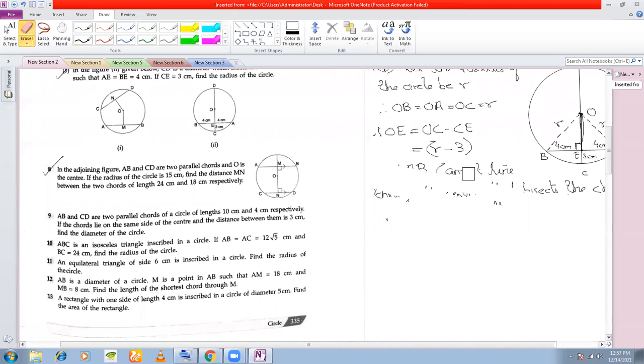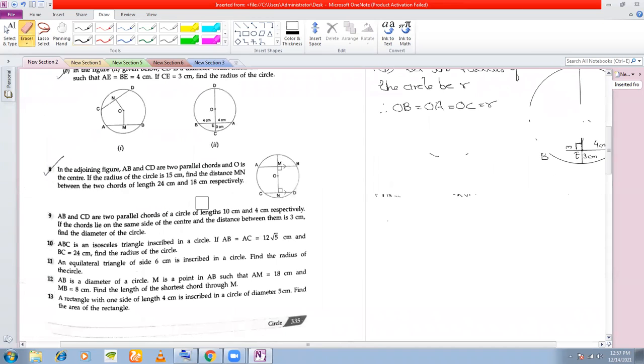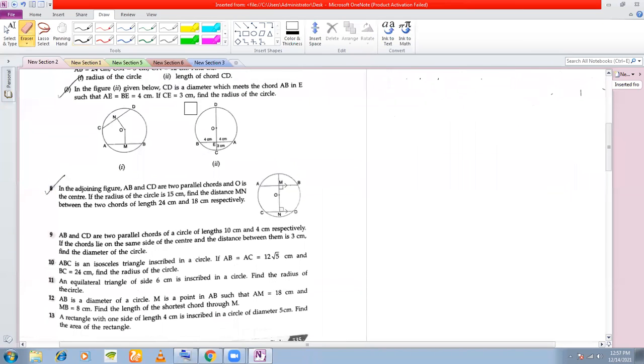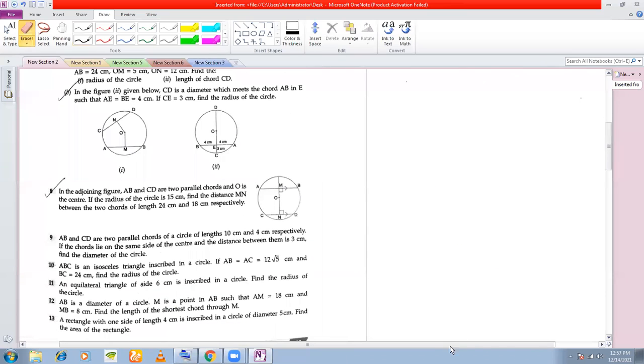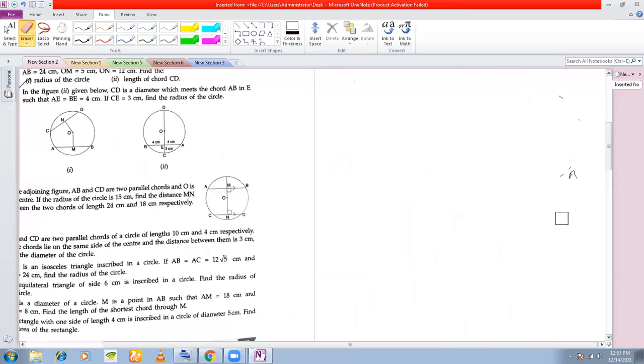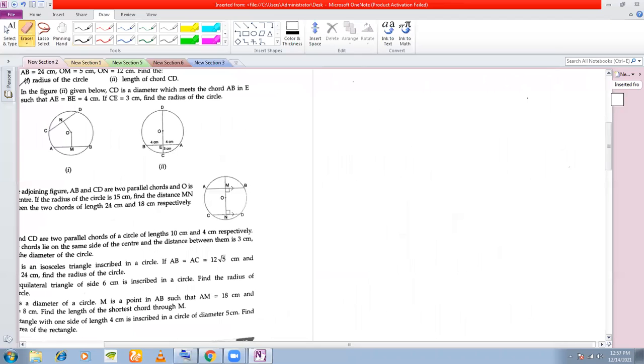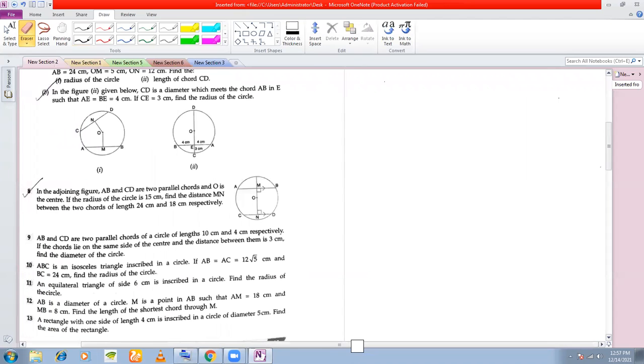Which is going to be number 8. And in this problem also the figure is given. So we'll draw the figure first. Number 8.